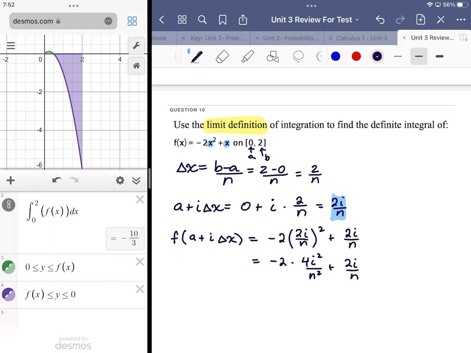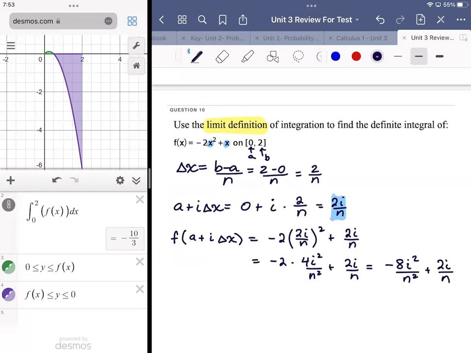Get a little common denominator action if you want, or you could just leave it apart for the time being. So this at least would be negative 8i squared over n squared plus 2i over n.